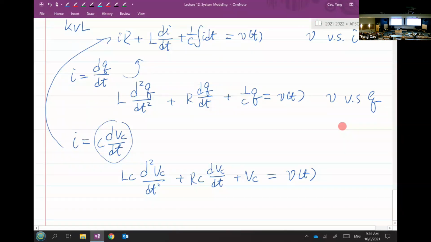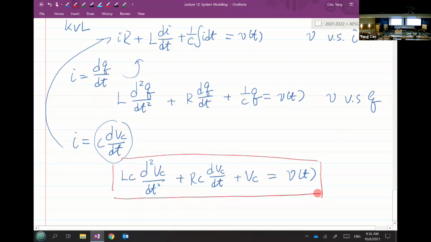With a different substitution, I get a different differential equation relating the input V to a different output variable. So this time I got a V versus VC output. This is a second order differential equation, and we have ways to solve this linear second order differential equation later.